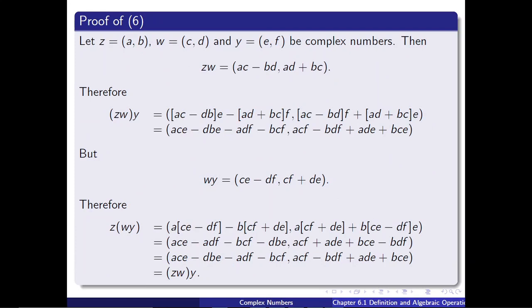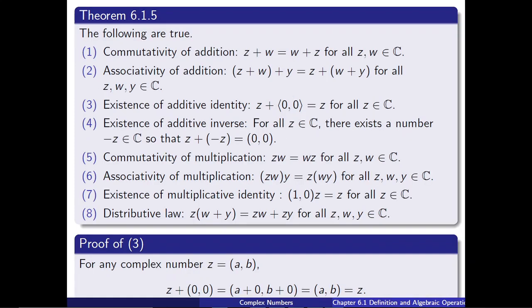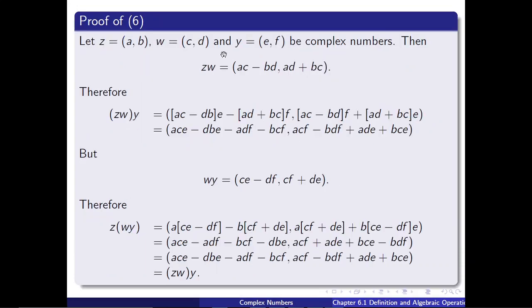We are going to look at proof of 6, and 6 is the associativity of multiplication. So (zw)y is equal to z(wy), like that, right? So suppose you've got three complex numbers, z, w, and y.